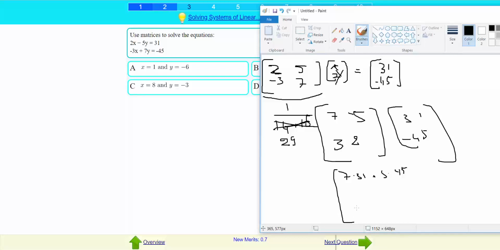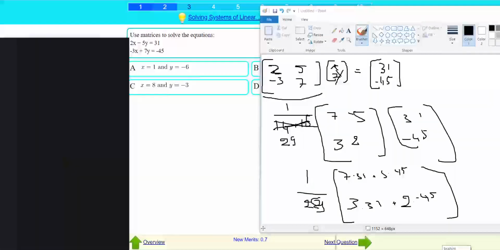For the second one, we've got 3 multiplied by 31 plus 2 multiplied by -45. There we are. So that we do not forget the 29, just keep it here. Right, so let's get the calculator now.